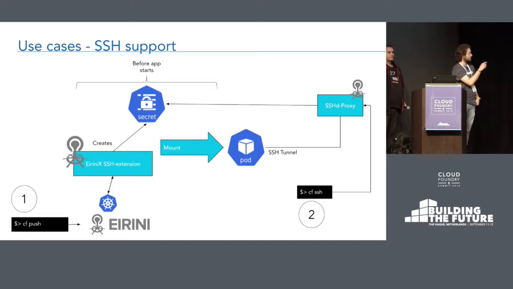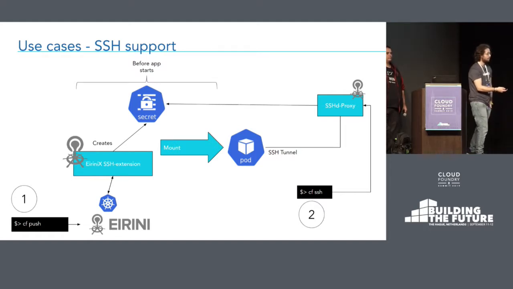We wrote a component which completely reuses the Diego code, so it has full compatibility with Diego. The only piece added is a kube consumer that consumes the secrets generated by the extensions. So the SSHD proxy will create a tunnel with the SSH keys that were generated by the extension.